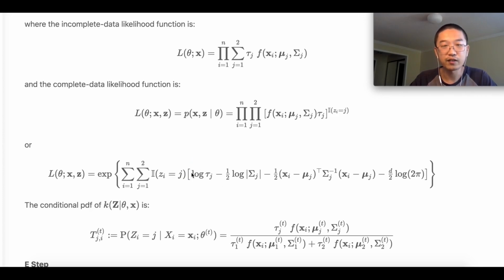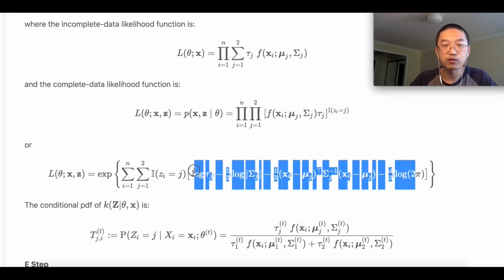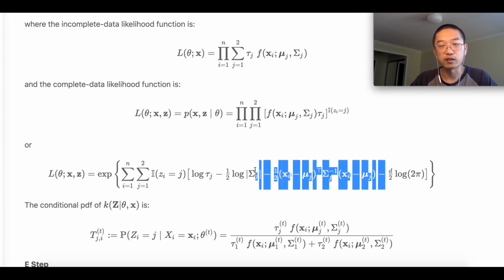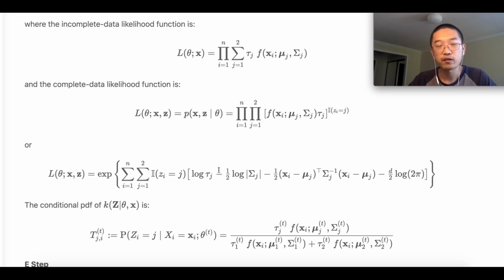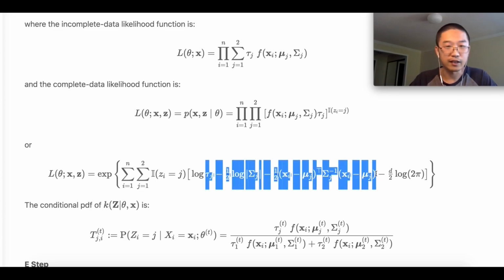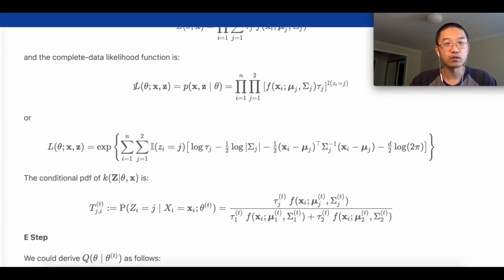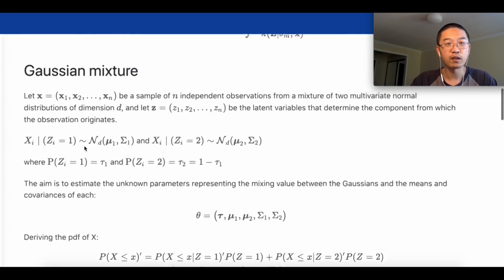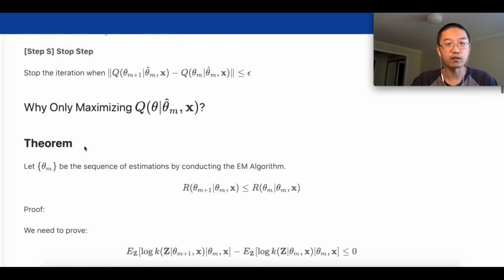Inside here, it's just the Gaussian PDF. You can go to Wikipedia to find the multivariate Gaussian PDF and what it looks like. When you take the log and then the exponential, you get the whole term defined here. Now we have our incomplete likelihood function and the complete likelihood function. There's one more thing we need. What do we need? Let's go back to our algorithm.